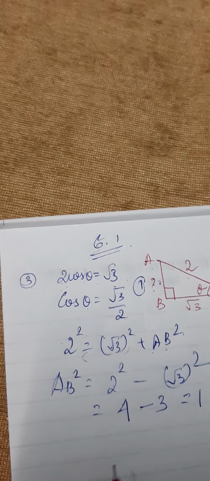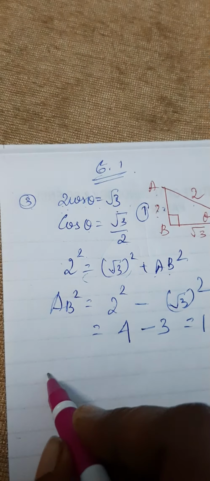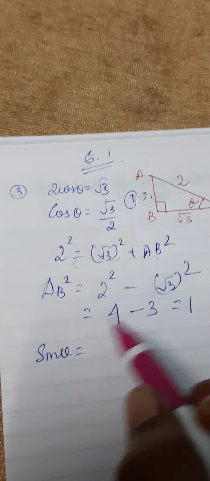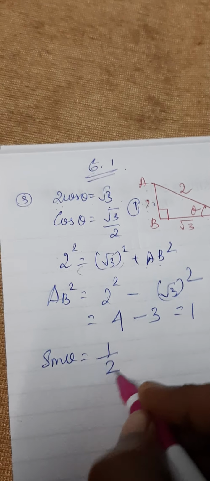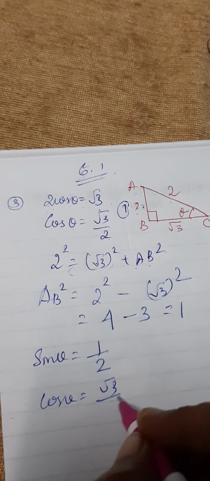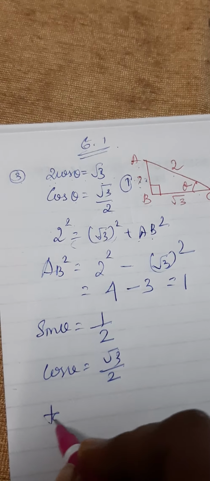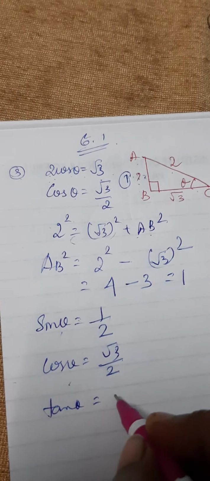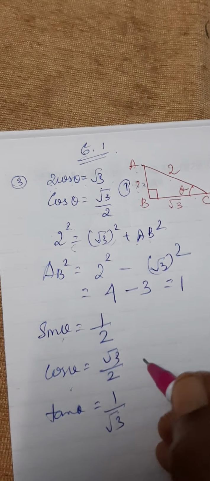Now you can write all the trigonometric ratios. Sin theta is equal to opposite side, that is 1, divided by hypotenuse 2. Cos theta, adjacent side, that is root 3 by hypotenuse 2. Tan theta will be equal to sin by cos, so 1 by root 3.